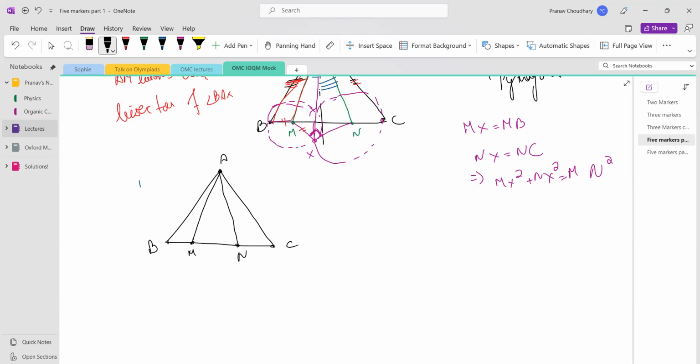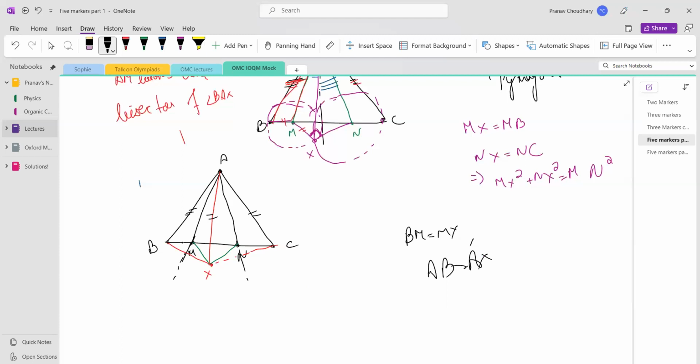So now what we do is we define X to be the reflection of B over M. This is X. So this way, BM equals to MX and AB equals to AX. Notice that AB equals to AX equals to AC, right?